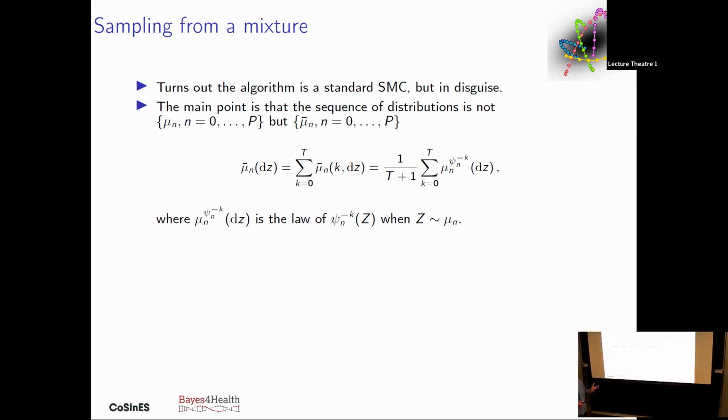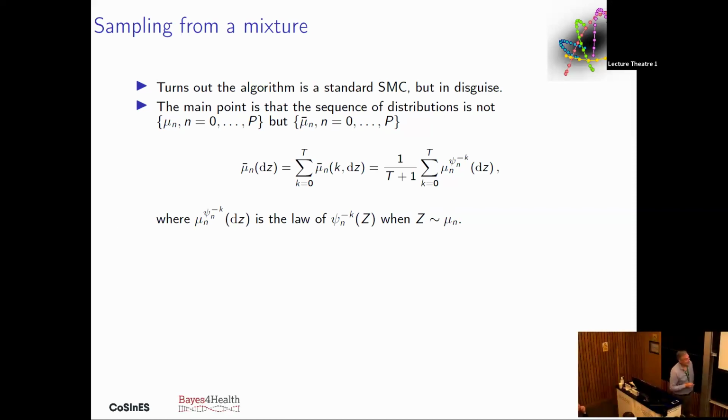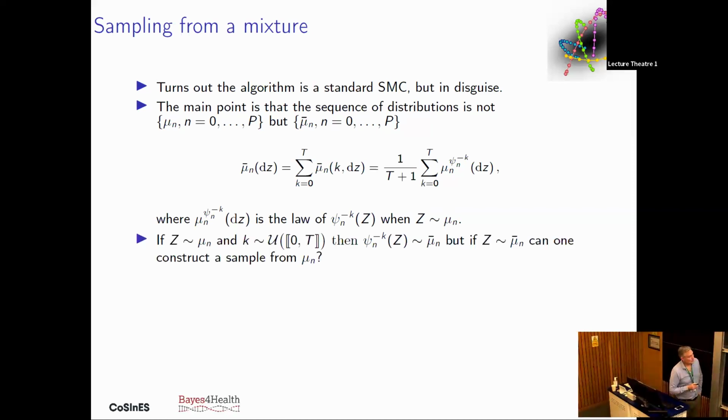So I sample from Z, you apply psi minus k to Z, and you obtain a sample from this distribution. And the distribution we're going to sample from is a uniform mixture along the path of the snippet, right? So that's the idea.